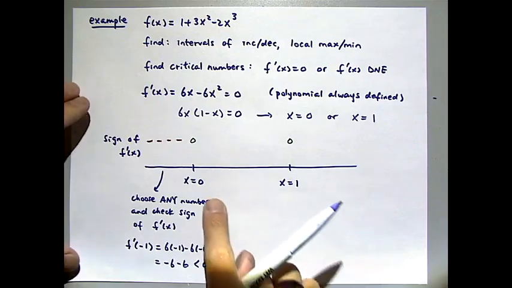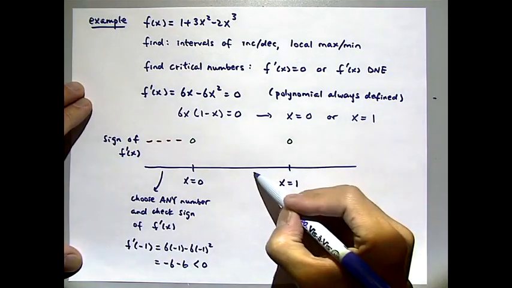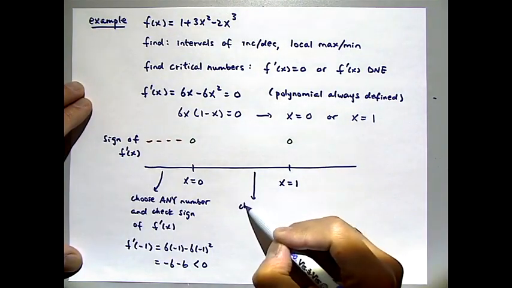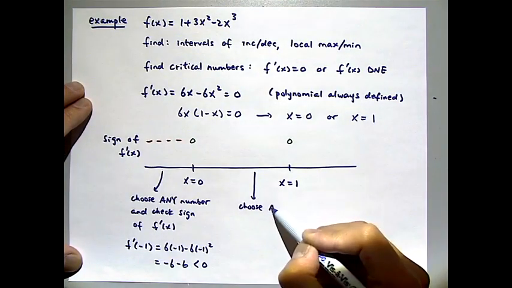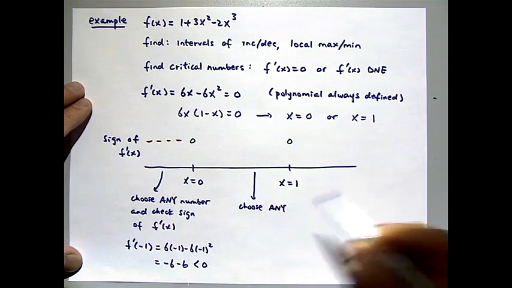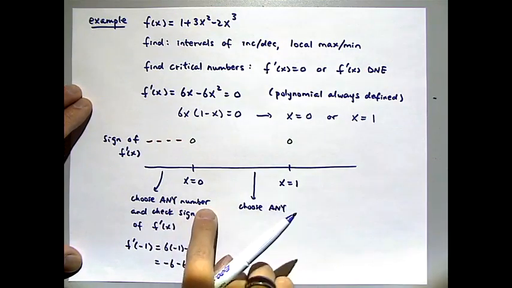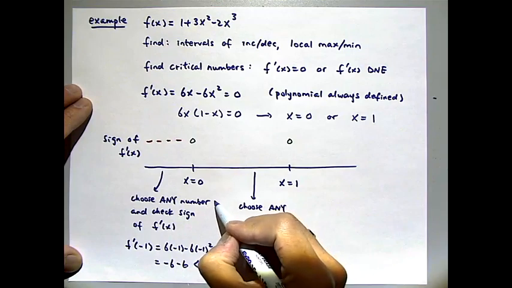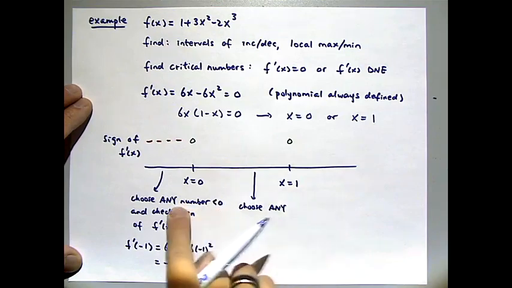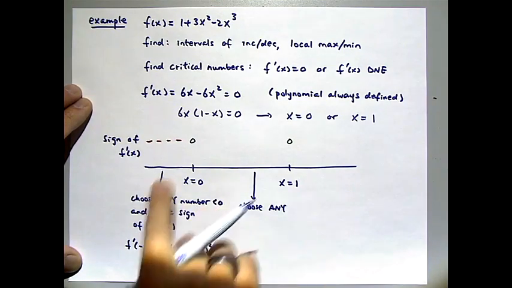Okay, now we check out between 0 and 1. Here again, we choose any number. Let me make this more clear. Choose any number less than 0 for the previous interval.